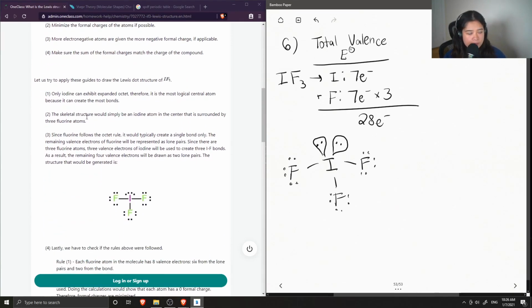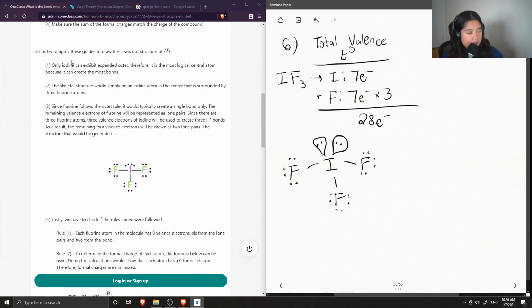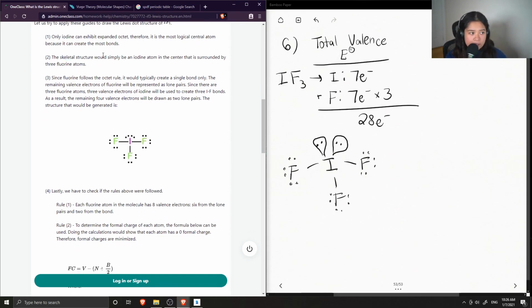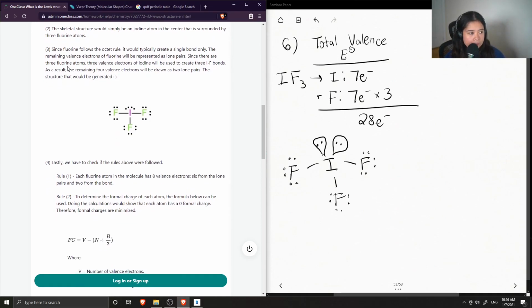Okay, so let's skip down to when they answer the question. Only iodine can exhibit expanded octet. Therefore, it is the most logical central atom because it can create the most bonds. Step 2, the skeletal structure would simply be an iodine atom in the center that is surrounded by the 3 fluorine atoms.